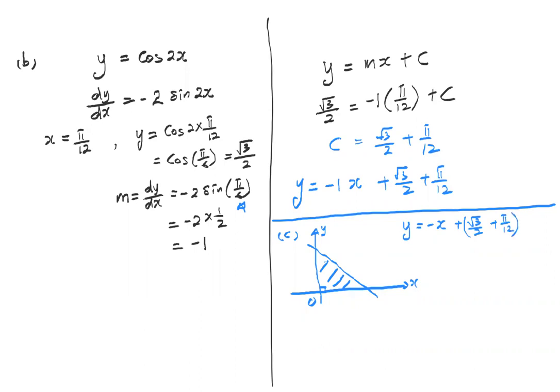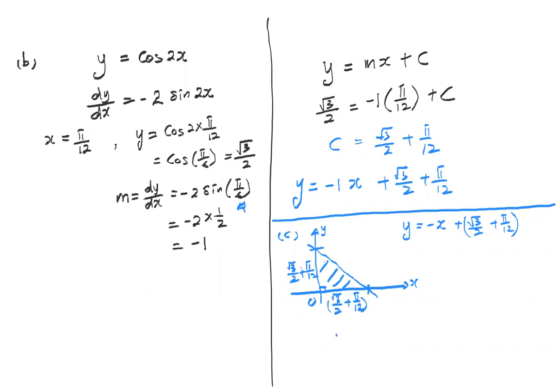Okay, I bracket this whole thing up. So this part is √3 over 2 plus pi by 12. If you want to find the x-intercept, you put y equal to 0. The x-intercept happens to also be √3 over 2 plus pi by 12. Isn't it?